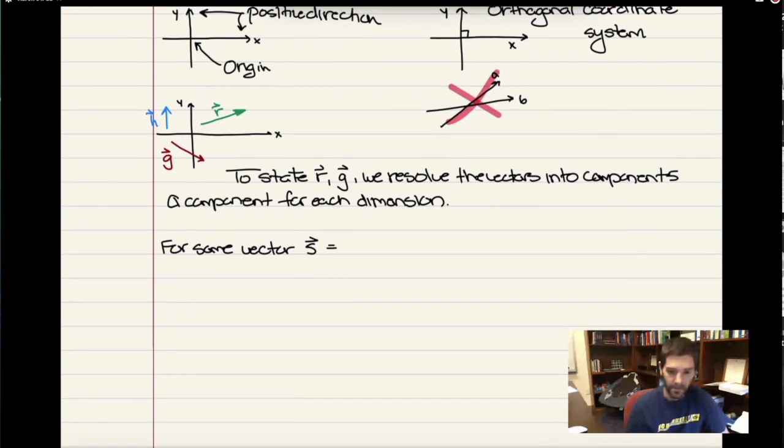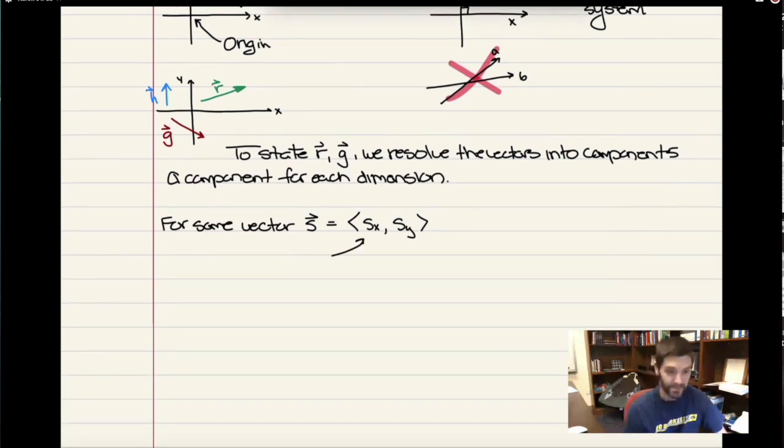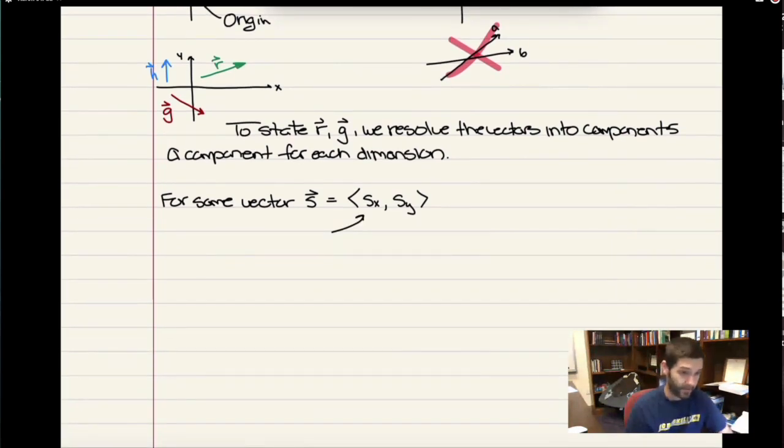You can write the components as something in brackets, where there might be s sub x comma s sub y. Where this first number, which is just going to be a number like 1 meter or -6 meters per second, is saying what is going on in the x direction. And this is telling you what is going on in the y direction.